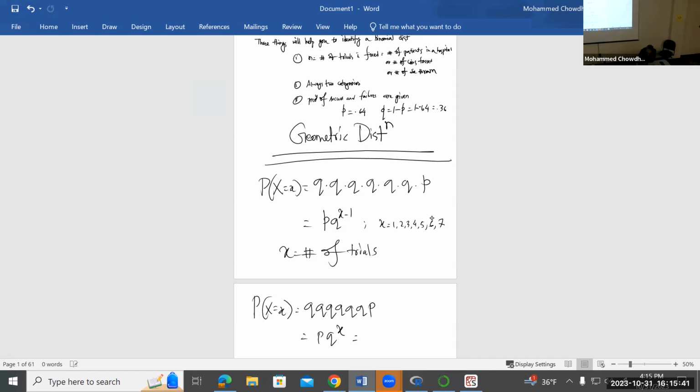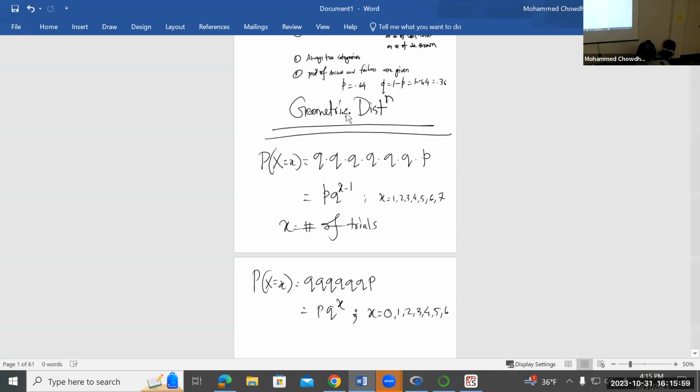Here x equal to 0, 1, 2, 3, 4, 5, 6. Are you seeing the difference between these two? In this case, x equal to number of failures.